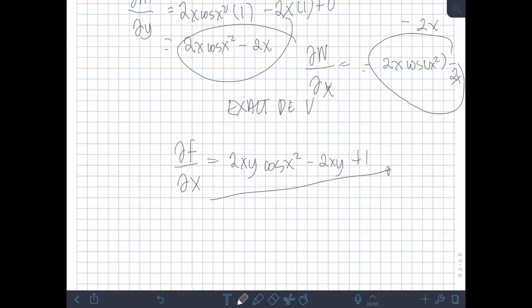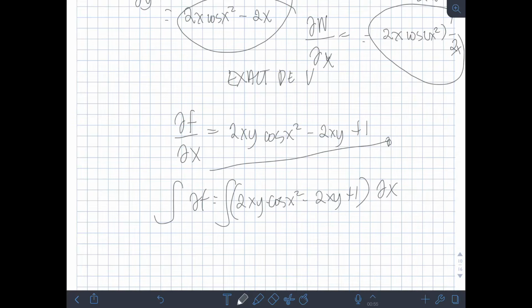Then, cross-multiply ko dito si dx, magiging df is equal to 2xy cos x squared minus 2xy plus 1 quantity multiplied by dx. Then, integrate natin both sides.